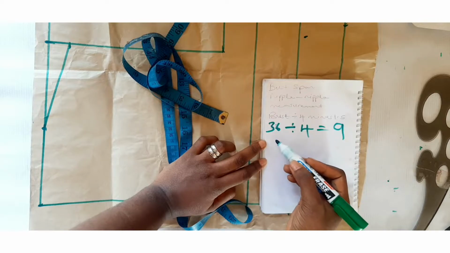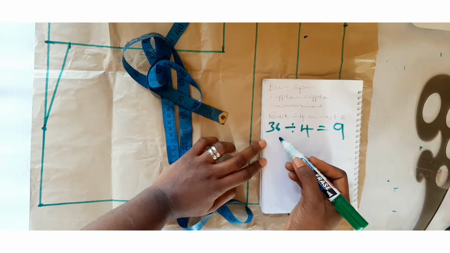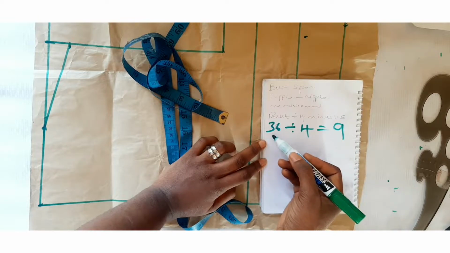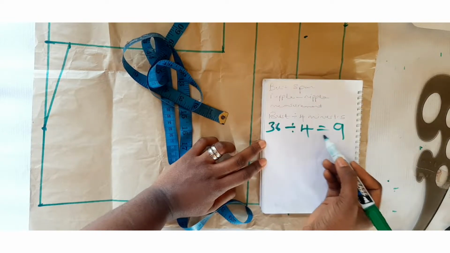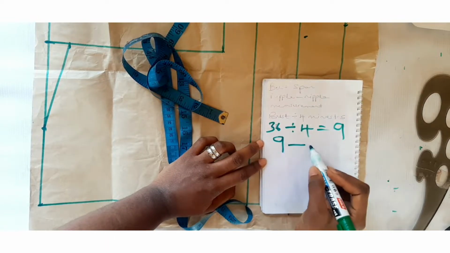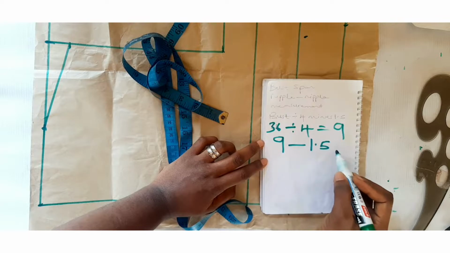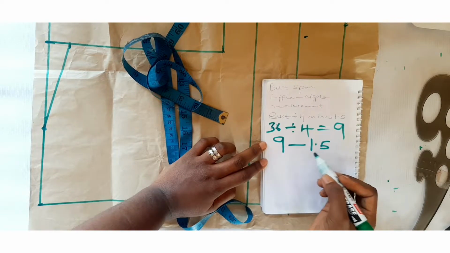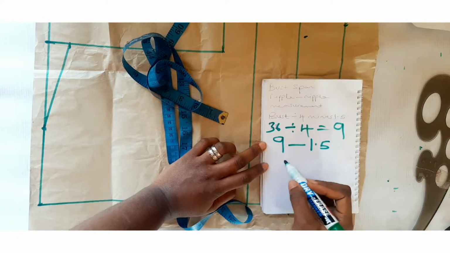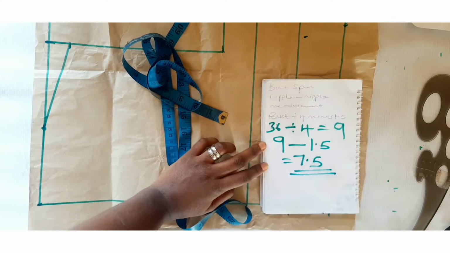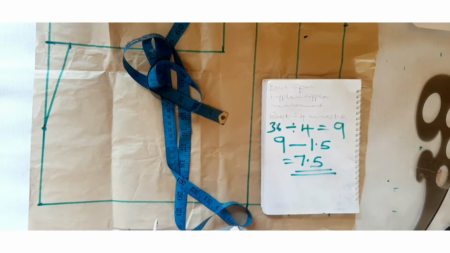I'm using 36 as an example. And from this 9, you're going to minus 1.5, and it will give you 7.5. That should be your client's accurate nipple to nipple measurement.